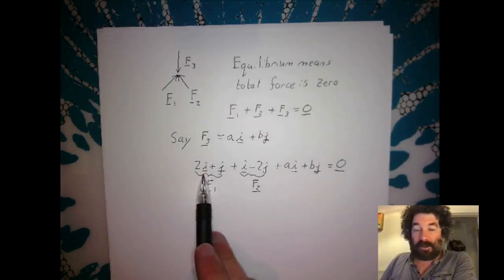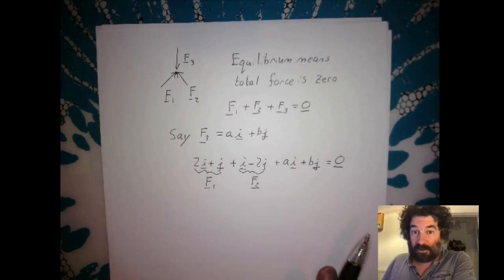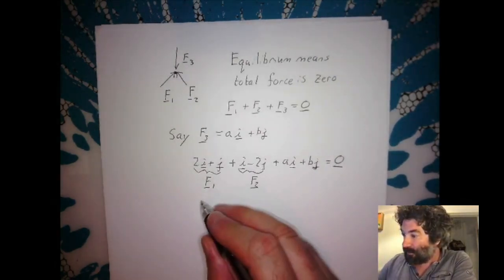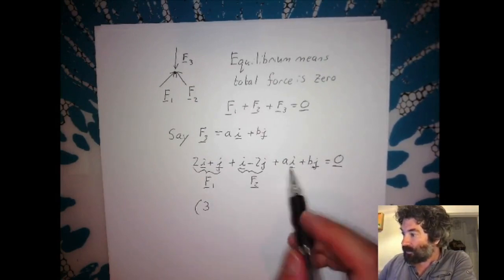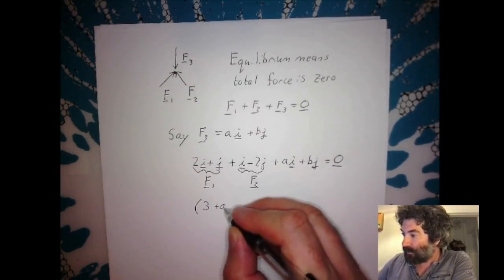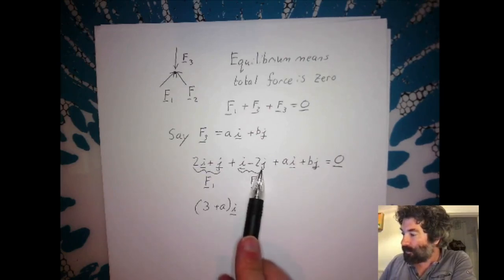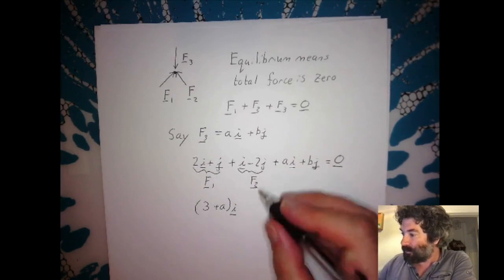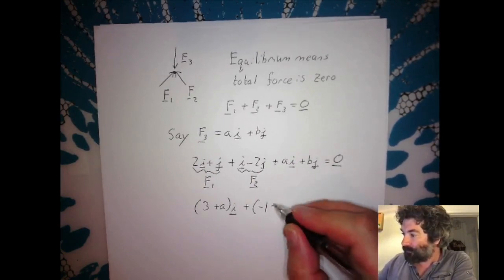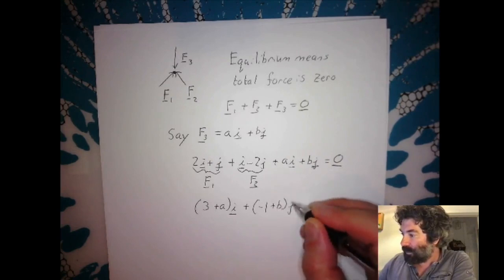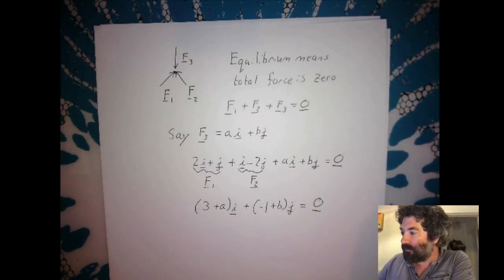All right, so let's collect all the X or I components, the coefficients of I. We have 2 plus 1, which is 3, plus A, times I. And then let's collect the J components. We have 1 minus 2, which gives -1, plus B, times J. And that all has to add up to the 0 vector.